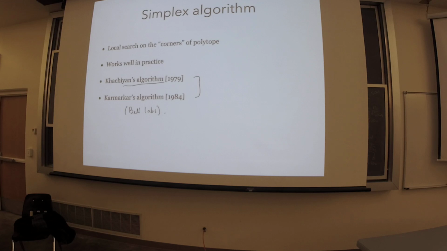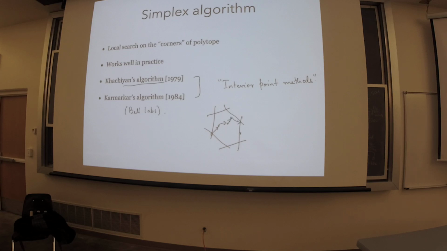They don't work by local search over the corners. Okay, so these are what are called interior point methods. And the way they work is, even though they want to find a point that's in the corner, they end up moving within the polytope a little bit.